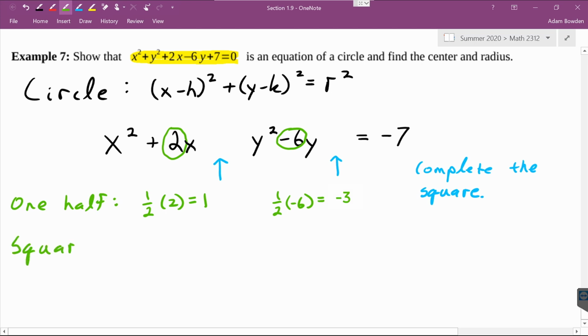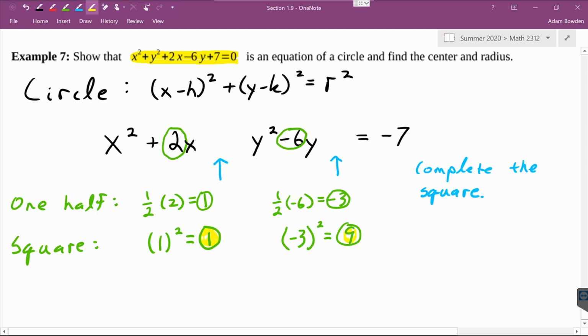The second step of completing the square is to square the numbers. So I take 1 and raise it to the second power to get still positive 1. Over here, 1/2 of negative 6 is negative 3, and I raise it to the second power and get positive 9.